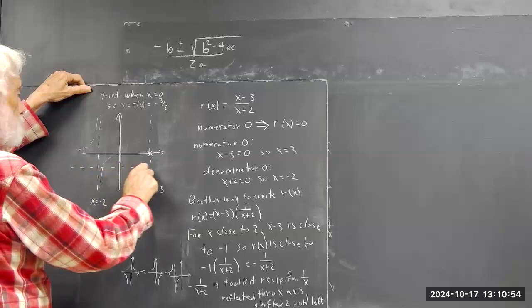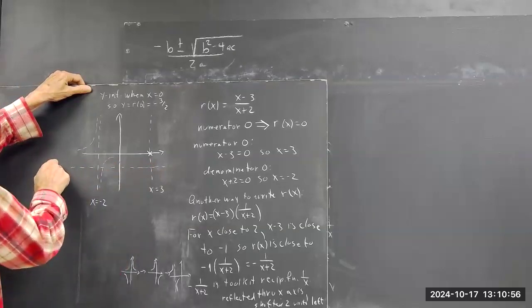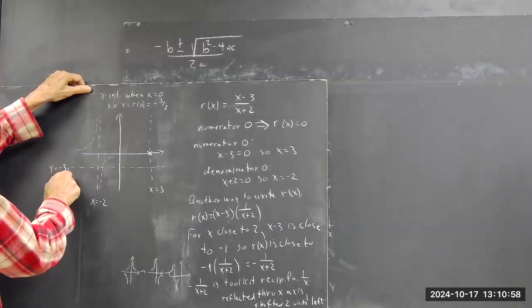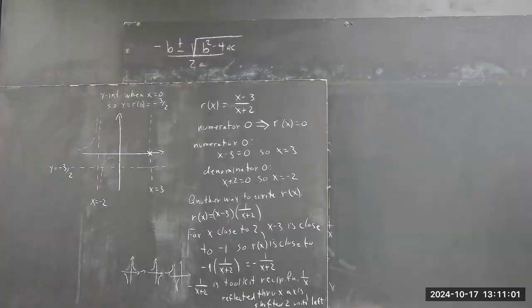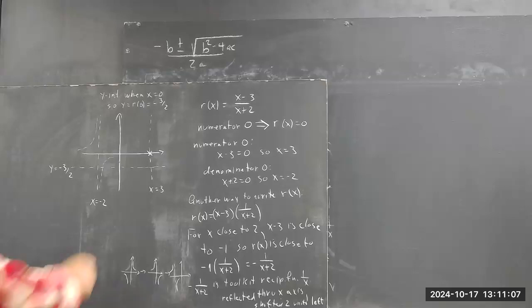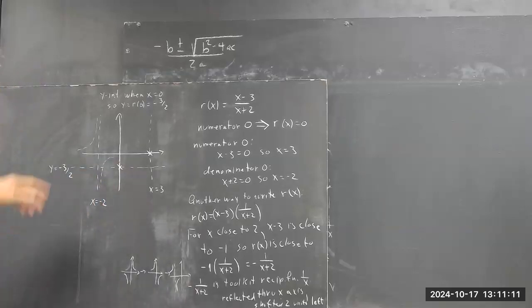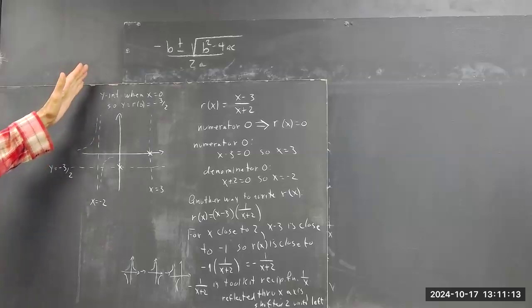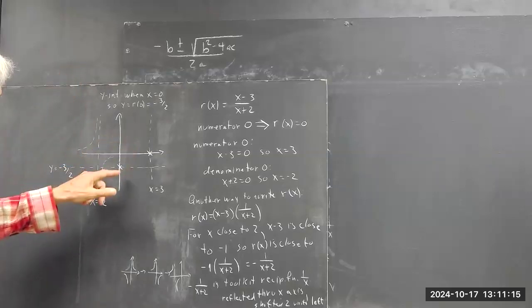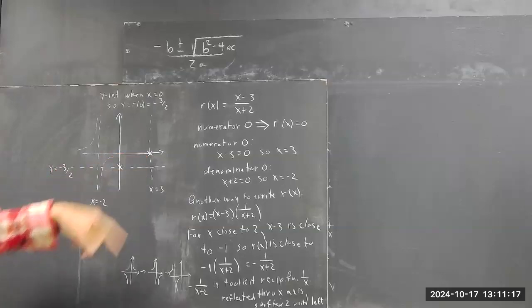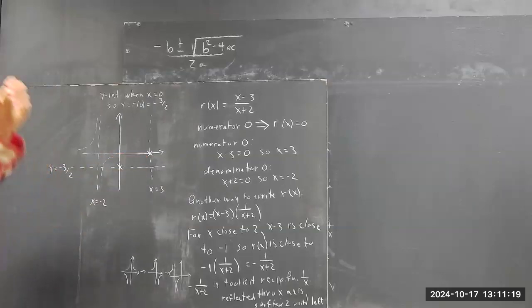So we go ahead and draw the line y equals -3/2, and we put the y-intercept there. Okay, so now we've got something that looks like this, but it has to go through here, and then it has to go through here, and then let's figure out what happens next.